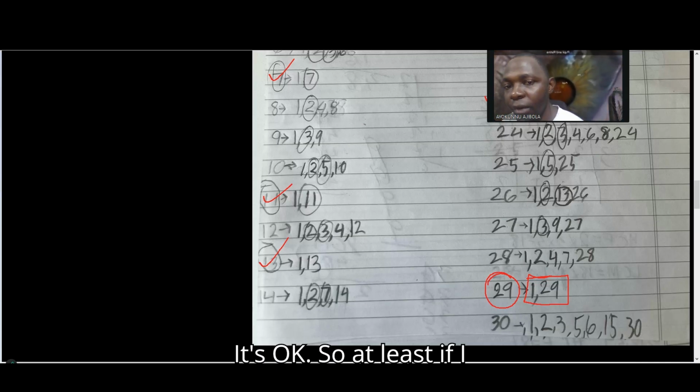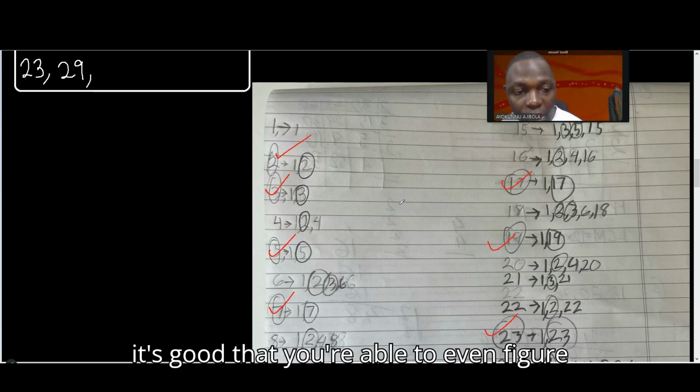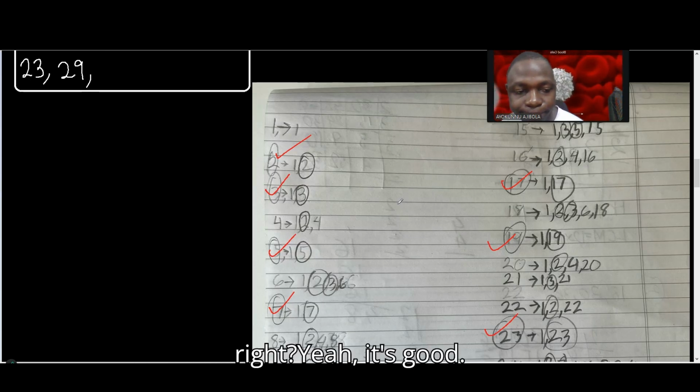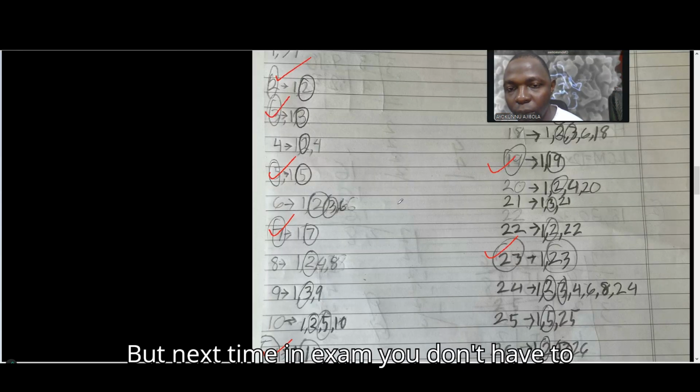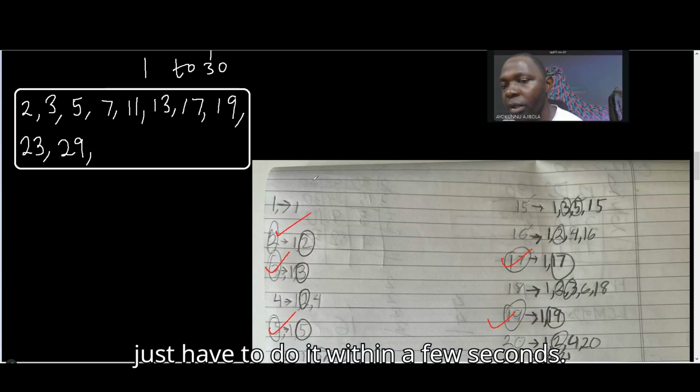At least if I check all of these prime numbers, it's good that you're able to even figure out the factors of other numbers too. It's good. But next time in the exam, you don't have to take an hour. You just have to do it within a few seconds.